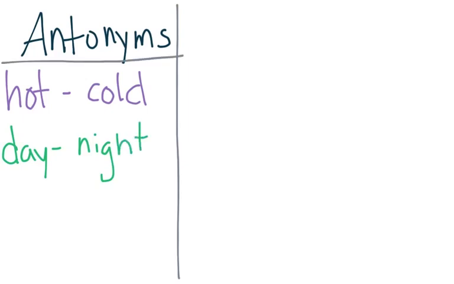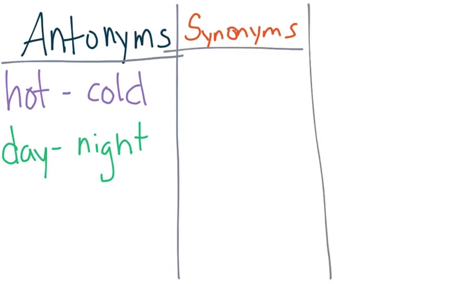Another way we might see words paired is because they're synonyms. So that means that they mean about the same thing. So some synonyms, in this case, instead of doing hot and cold, your antonyms, we might do hot and scalding.